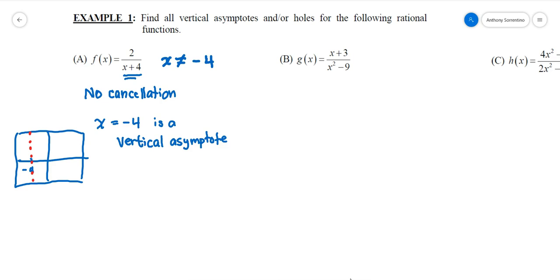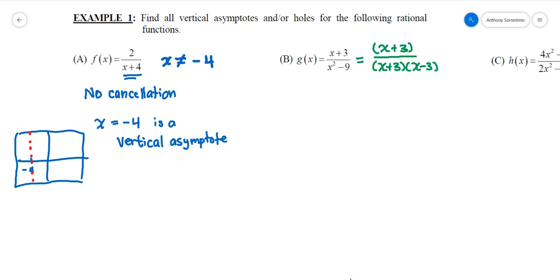So let's look at g of x. Whether I factor the bottom or not, I could probably figure out what values of x would make the bottom 0. But just for the sake of argument, and this also helps for the discussion we're doing here, I can factor the bottom into x plus 3, x minus 3, and I'm just going to put a parenthesis up here as well.